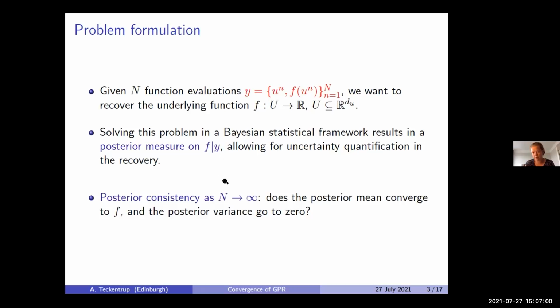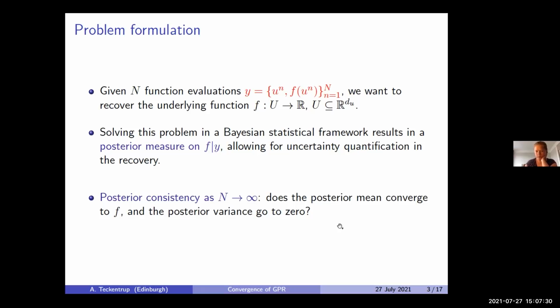So as n tends to infinity, we're going to recover the true f, which means that the mean converges to f, and we want to be really sure what the function f is. And so we want the variance to go to 0, and so this probability distribution on f given y just converges to a peak, like a Dirac at the truth. Okay. So that is the general setup.